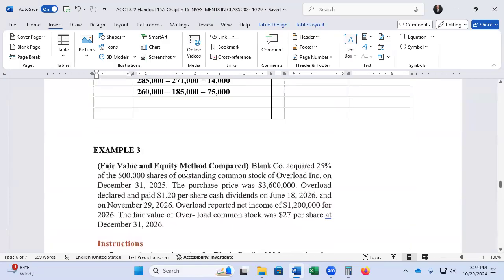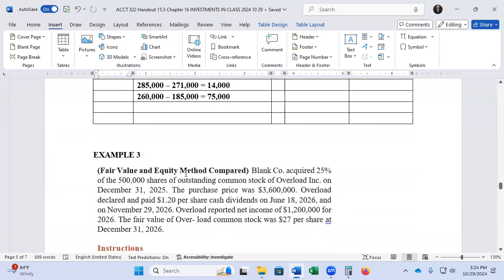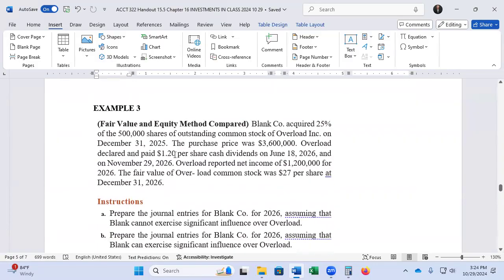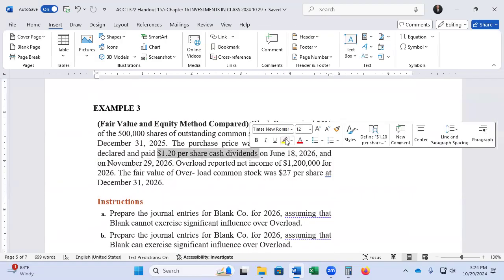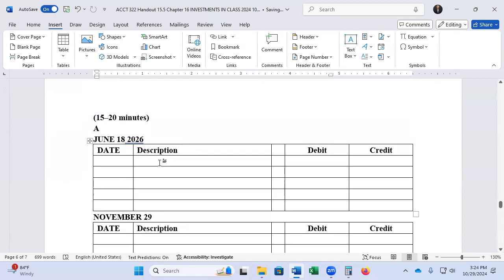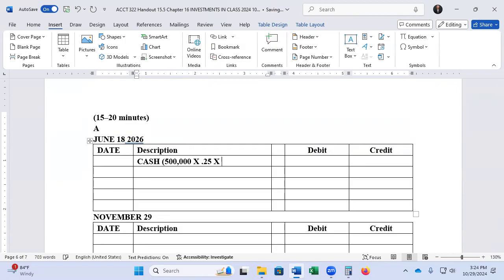Okay, so what happened on June 18th, 2026? We got dividends at $1.20 per share. And we're not recording it using the equity method, so we're going to record dividend revenue. So our cash, and we have to calculate 500,000 shares times 0.25, which is the percentage of ownership, and then times 1.2, which is the amount of the dividend.